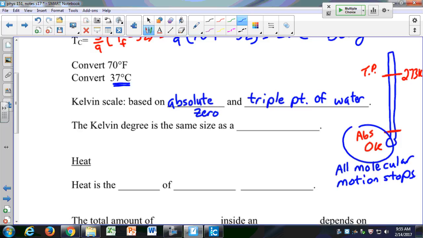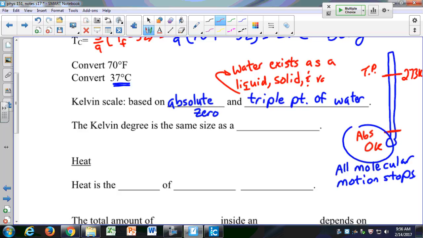The triple point of water, you don't really need to know this, but the triple point of water is the point at which water exists in all three phases, as a liquid, as a gas, and as a solid. Actually, yeah, let's do know that. At the triple point of water, water exists as a liquid, solid, as ice, and as a vapor or as a gas.